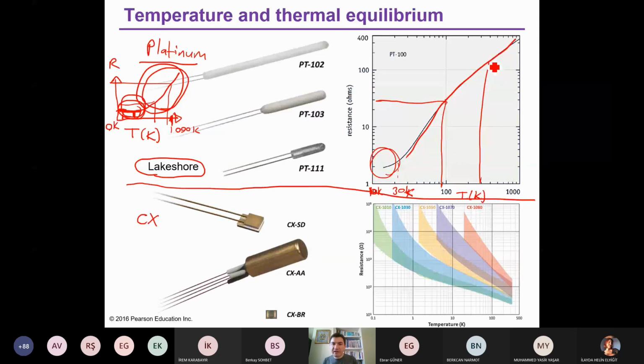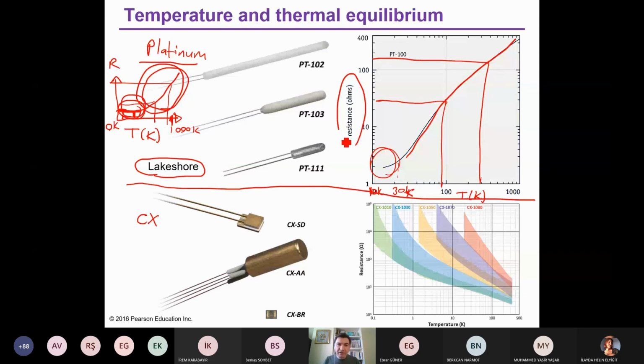So here we have 100 Kelvin and we have this resistance. Here we have many 100 Kelvins and here we have this resistance, okay? So by measuring the resistance, you can get the idea about the temperature. You can measure the temperature.